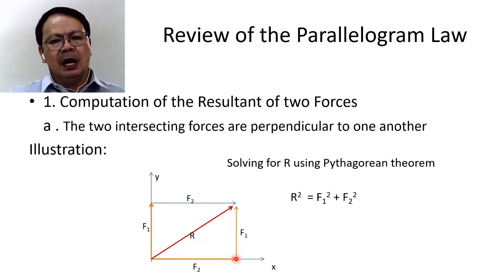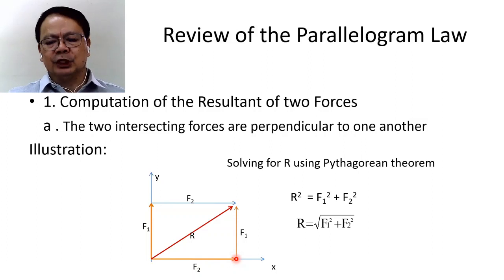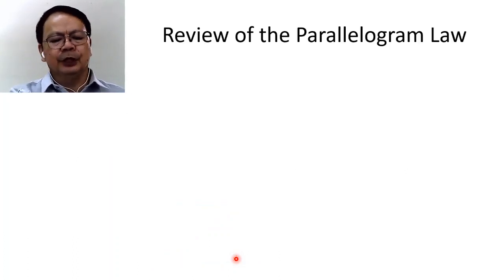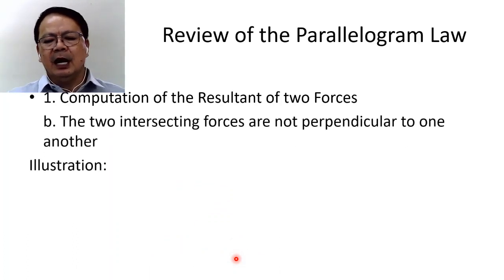Hence, R squared is equal to F1 squared plus F2 squared. And therefore, R is equal to the square root of F1 squared plus F2 squared.